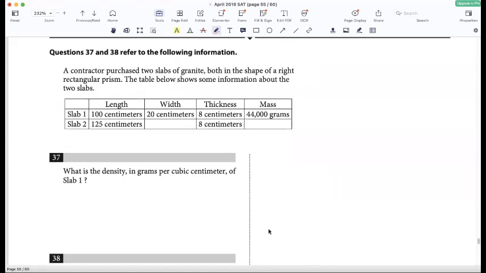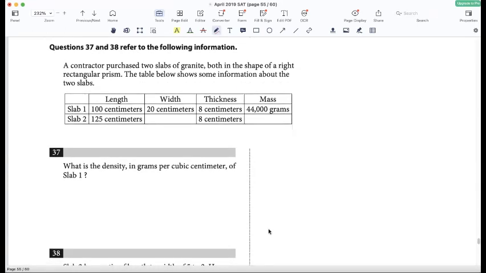A contractor purchased 2 slabs of granite, both in the shape of a right rectangular prism. The table shows some information about the 2 slabs. What is the density of slab 1? So density is mass over volume. Mass is 44,000 and volume will be length times width times thickness. So that's 100 times 20 times 8.